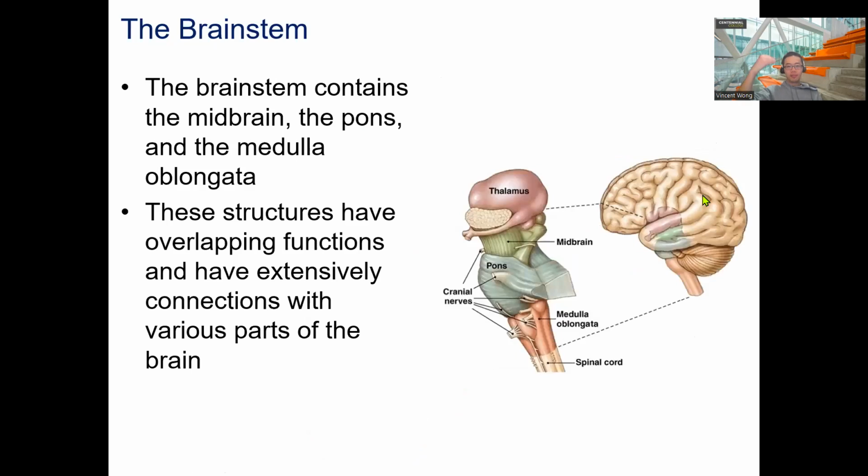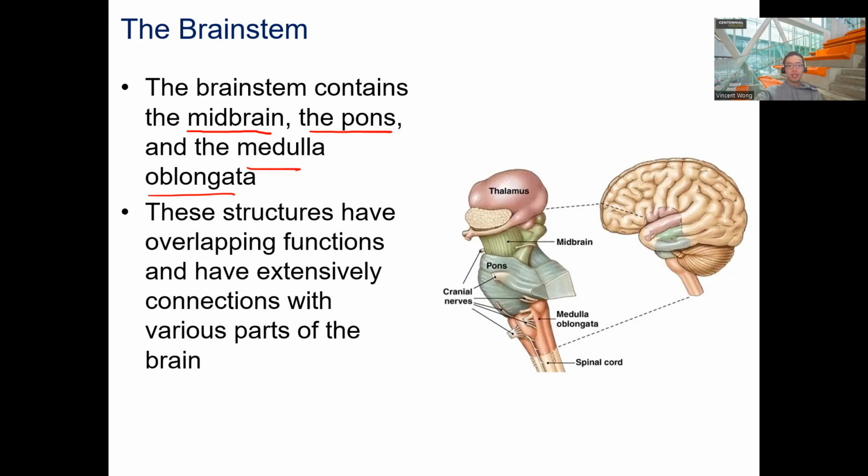Brainstem. So we're moving further down now. The brainstem has three parts: the midbrain, which is right here, the pons, the bridge, and the medulla oblongata. We're not going to spend too much time on these because a lot of the functions are overlapping, and they seem to have reflex centers in them.